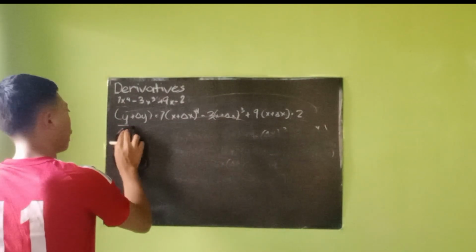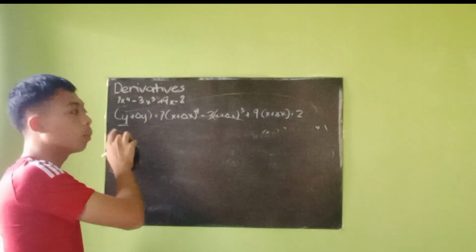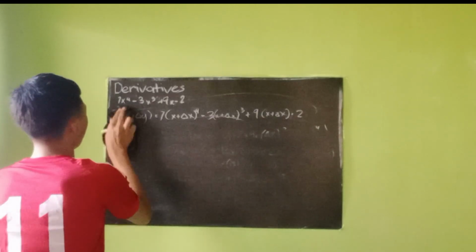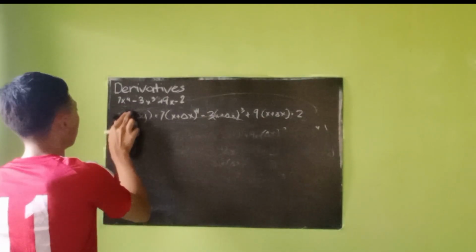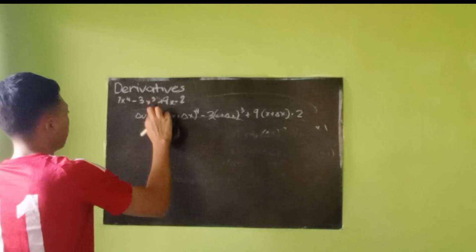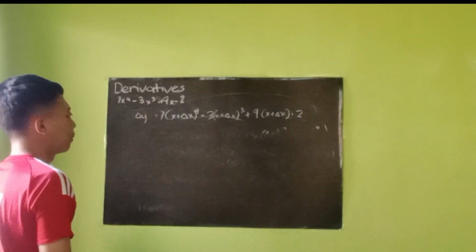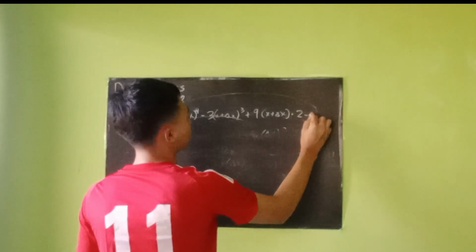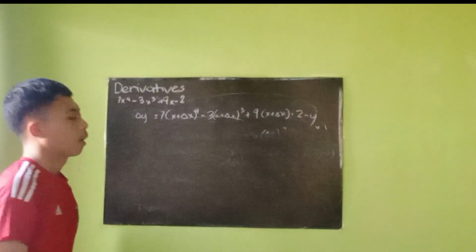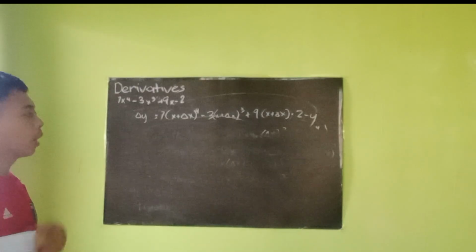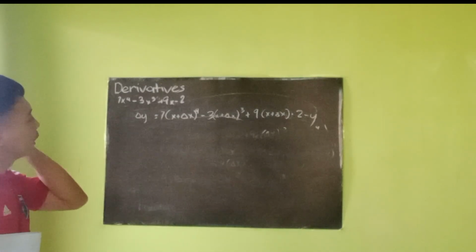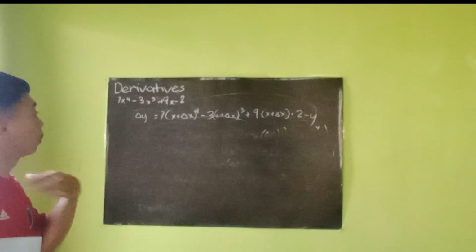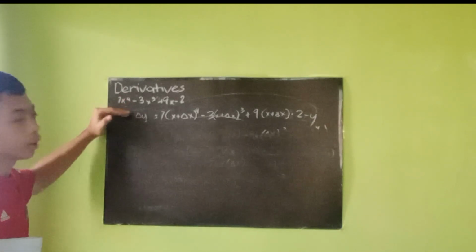By shifting the y to the other side, this one will also remain as positive delta y. And then after that, your y will also become negative y.